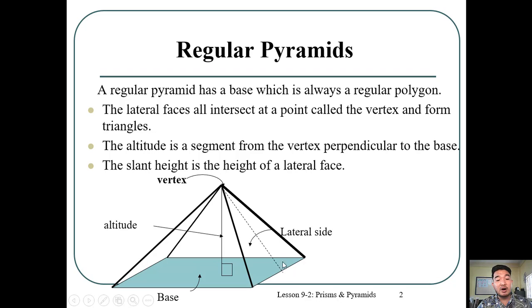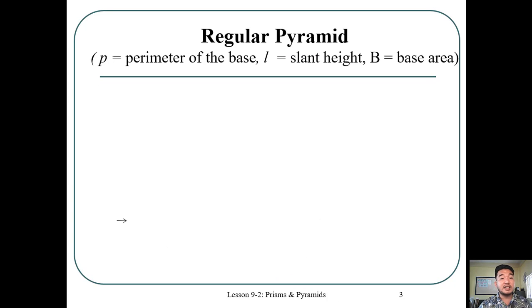This is the height of the triangle, or of the lateral face of this pyramid. This line segment is perpendicular to this line segment, so they form a right angle. So this line segment is now the slant height of our regular pyramid. Those are the different parts of the regular pyramid.